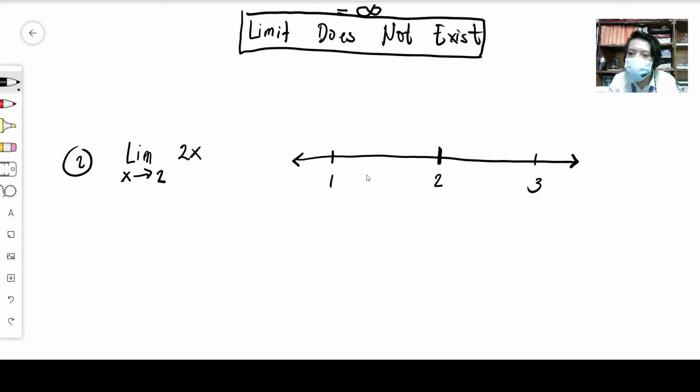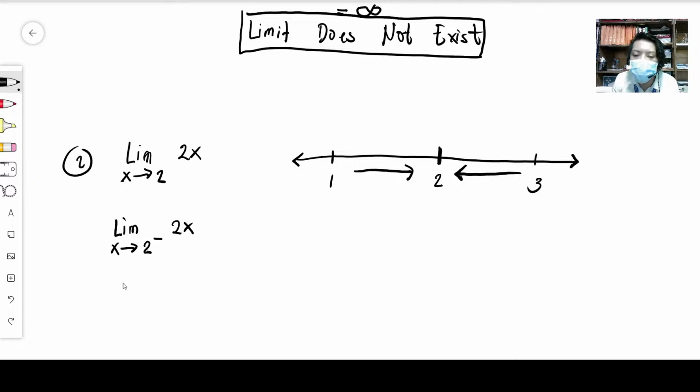So when we say the left-hand limit, it is noted as the limit of the function 2x as x approaches 2 coming from the left. What does this mean, 2 coming from the left?